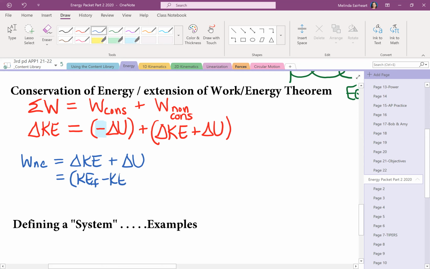You're putting energy into the system. Maybe it's friction and it's taking energy from the system. So just a little reminder to consider the type of work. And whatever's left over will get divided into possibly final kinetic energy and final potential.